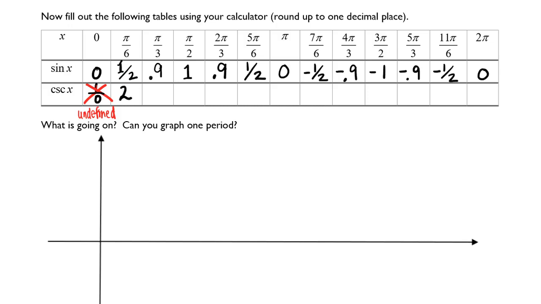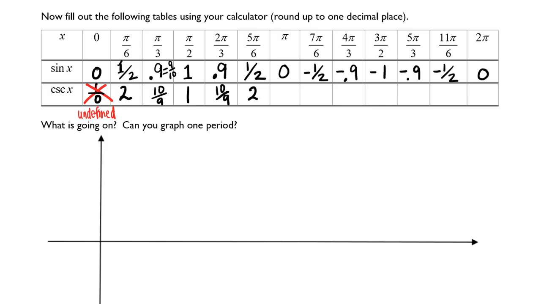The reciprocal of 0.9, now remember, 0.9 is the same as 9/10, so this is 10/9. The reciprocal of 1 is 1. The reciprocal of 0.9, again, 10/9. The reciprocal of 1/2 is 2.